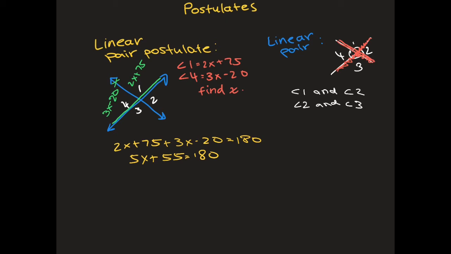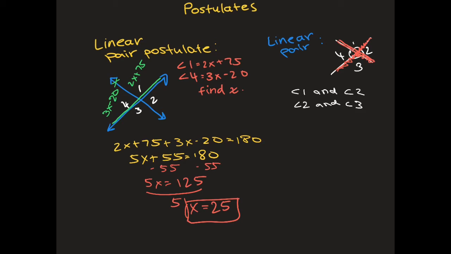Then we isolate x: minus 55 on both sides, so 5x is equal to 125. Divide by 5, and x is equal to 25. The only confusing part about this postulate is that you have to know when it's a linear pair and that you have to set it to 180. That's all it is.